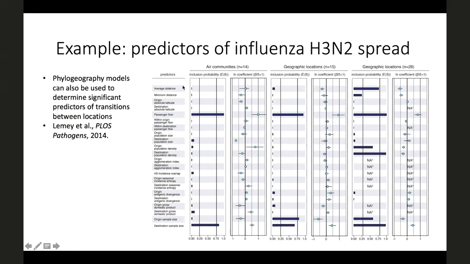So, for example, this is H3N2 flu from one of Philippe Lemey's papers, and they divided the world into communities of air passengers, and showed, using the phylogenetic data, that the passenger flow between these communities was the strongest predictor of movement of lineages.